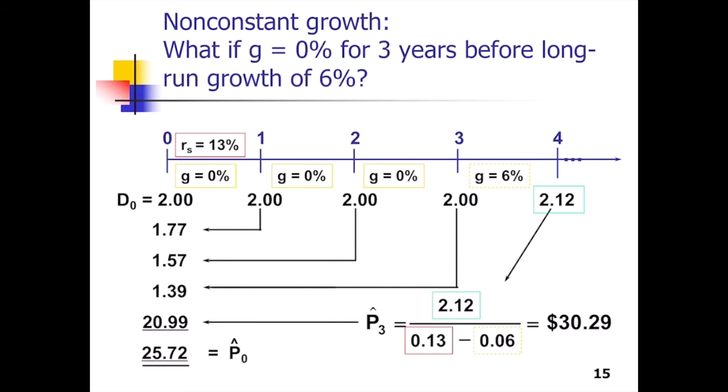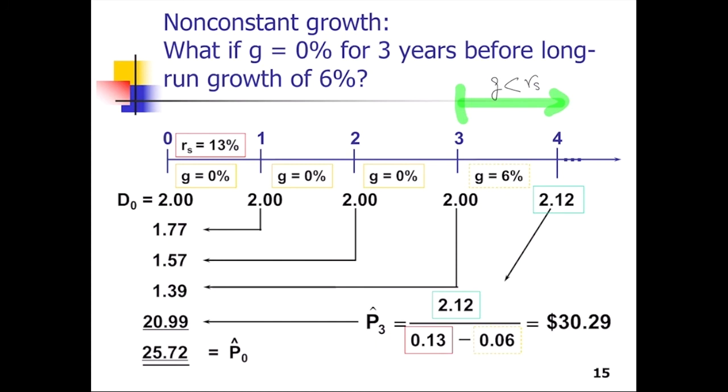As you can see, after 3 years, we have a constant growth rate, and G is smaller than RS, right? So we can apply the constant growth model. But for the first 3 years, G equals 0, right? How can you solve? Yeah, solve by hand.